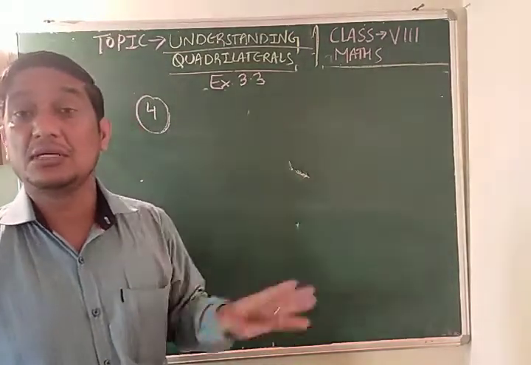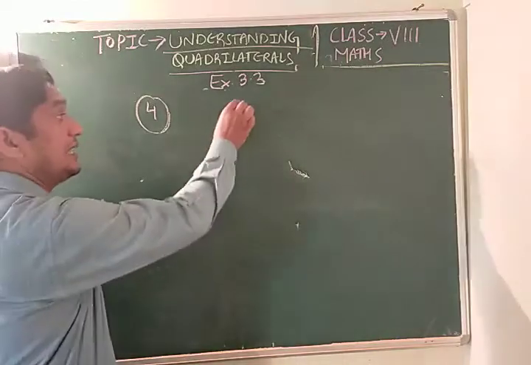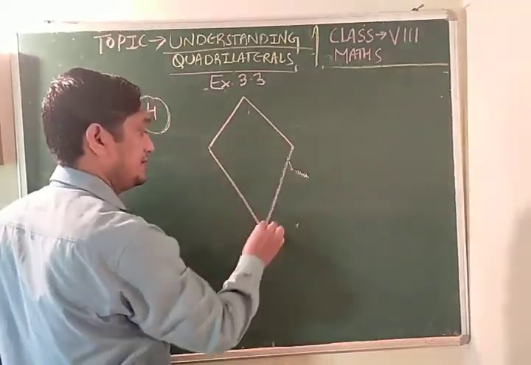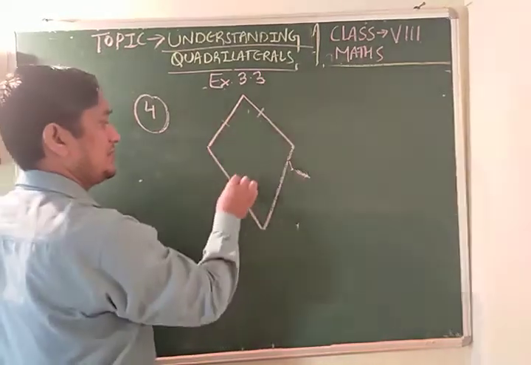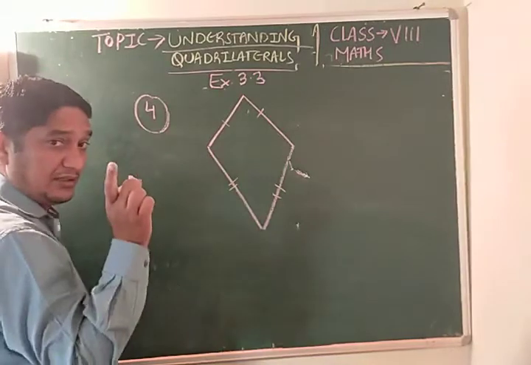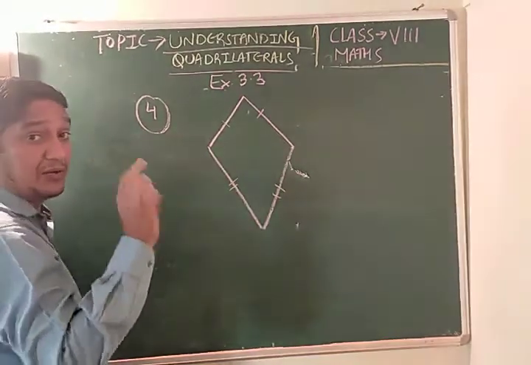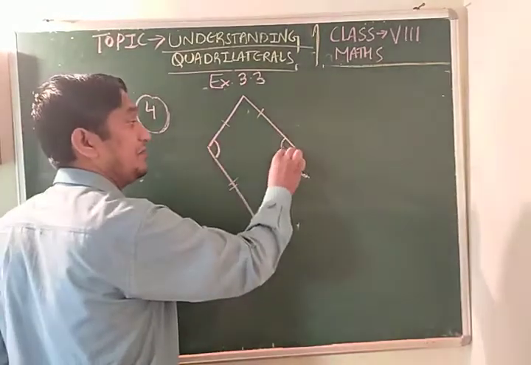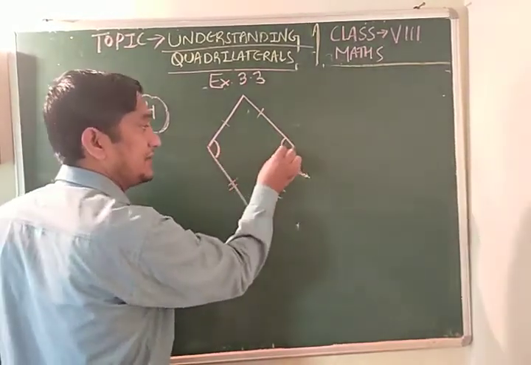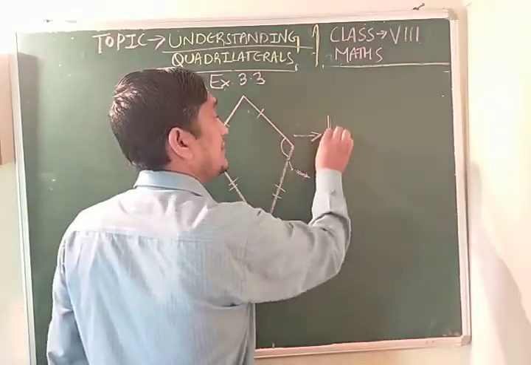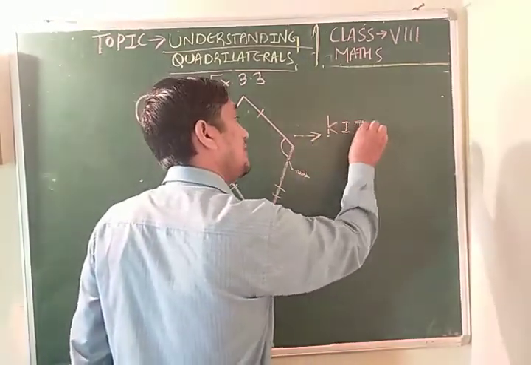We have to recall all the properties, and we know that this is a kite. This side is equal to this side, and this side is equal to this side. This is a kite, this is not a parallelogram. And here this pair of angles are equal. This angle and this angle are equal. So this is called a kite.